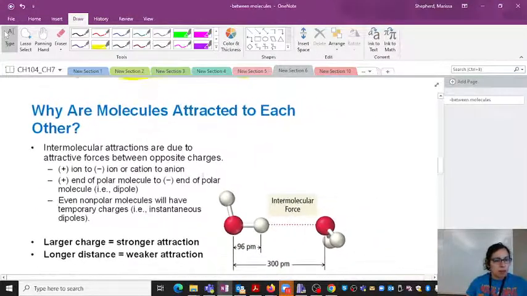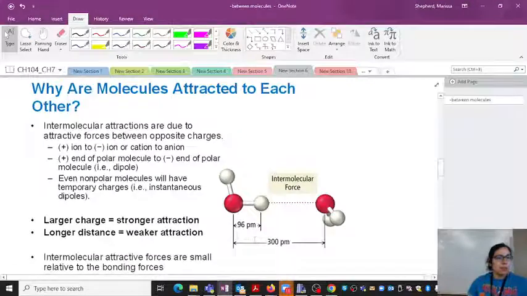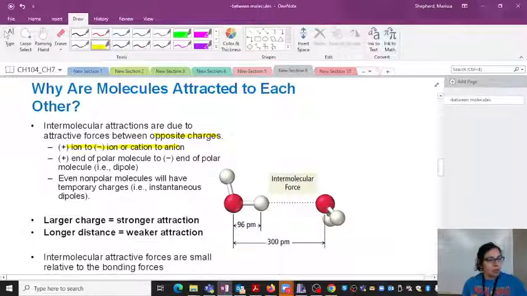Now, why are molecules attracted to one another? We mentioned they have to have those electrostatic interactions, and so this means that intermolecular attractions are due to attractive forces between opposite charges. We've seen this before with an ion, like a cation and an anion in an ionic compound.